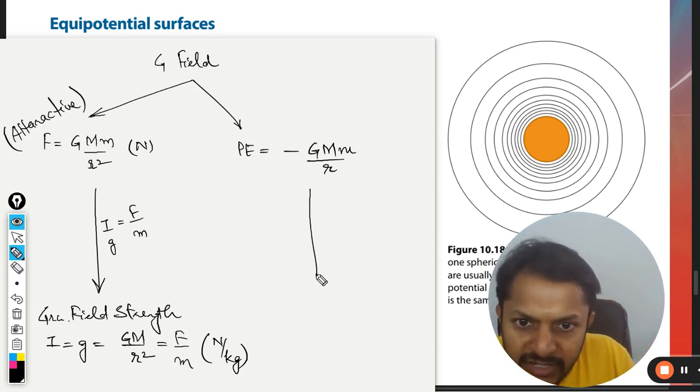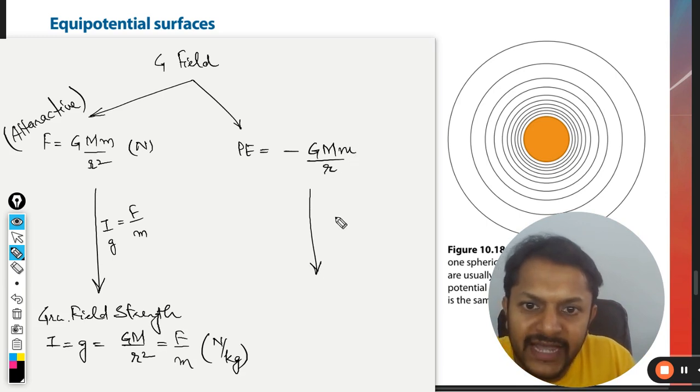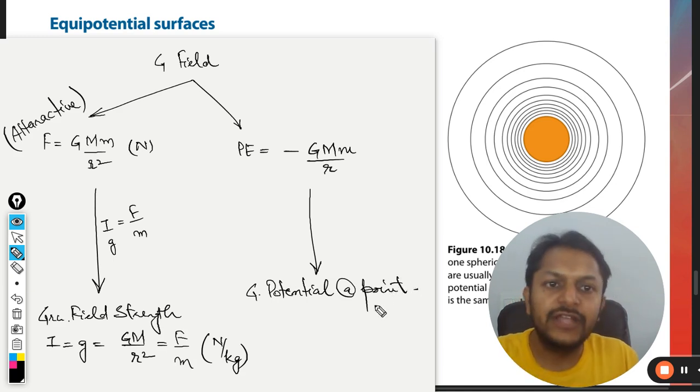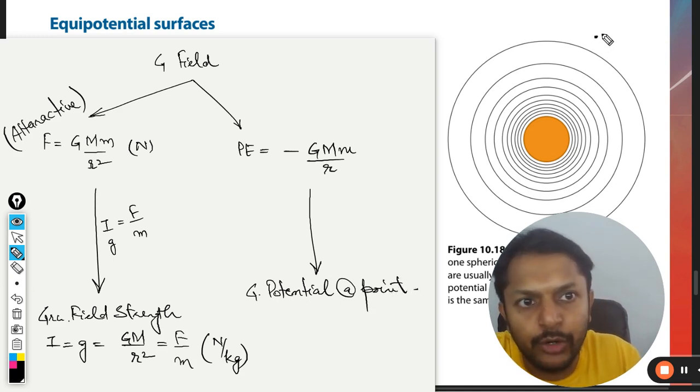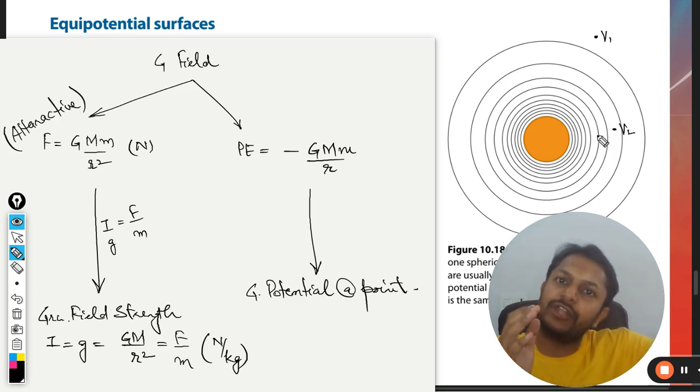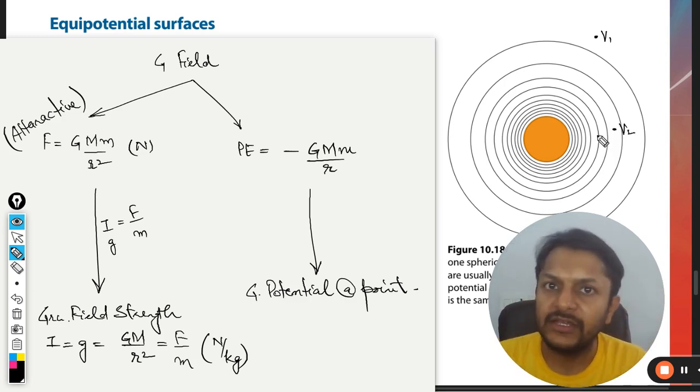Now, similarly, we want to get rid of the mass m, so we defined another thing, and that is gravitational potential at a point. That is the gravitational potential at some point, like this is V1, at this point it is V2. So what is the potential when you keep on moving away from it?